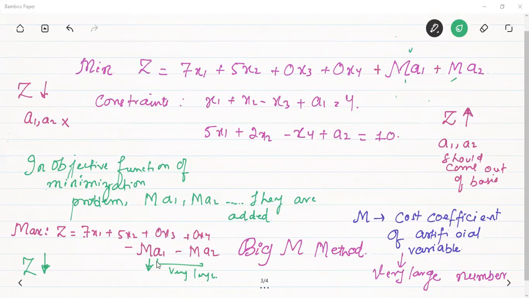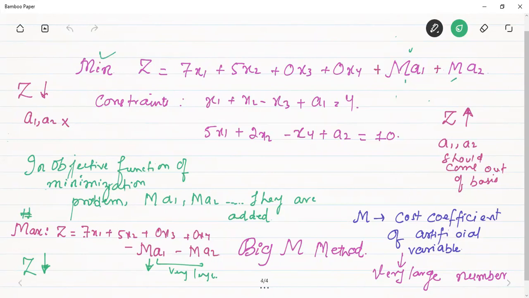Subtracting them decreases the objective function, but the problem is of maximization, therefore the table would like to throw the artificial variables out. That's why this has to be remembered: in maximization we subtract these M A1 and M A2, while in the minimization problem, these have to be added. I think this is sufficient explanation.